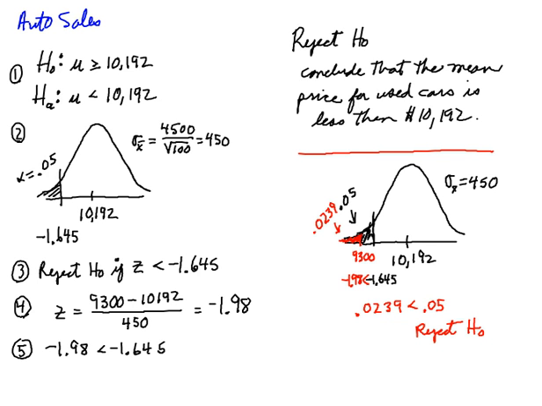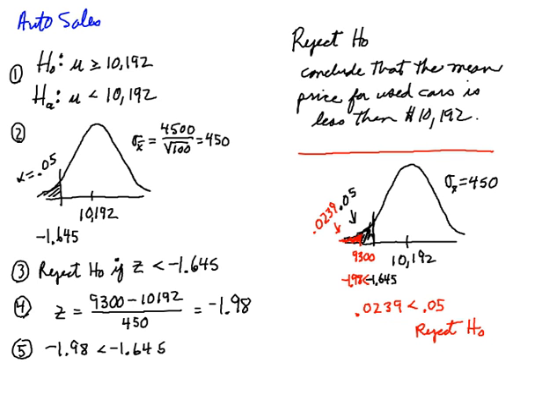Approaching the test using a p-value is nice, and it is very commonly used because it not only determines whether we can reject the null hypothesis or not, but it gives us a feeling of the strength of our evidence. The 9,300 sample mean was really further out than it had to be under our 5% risk.